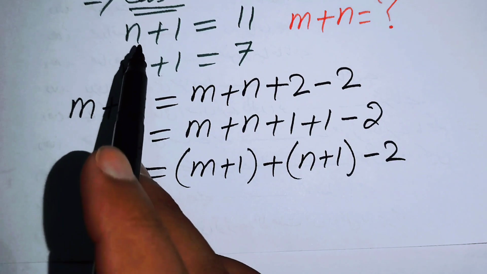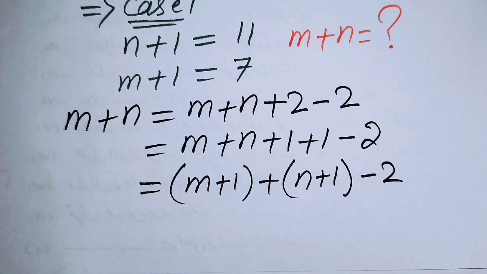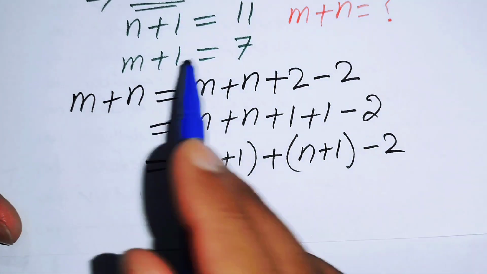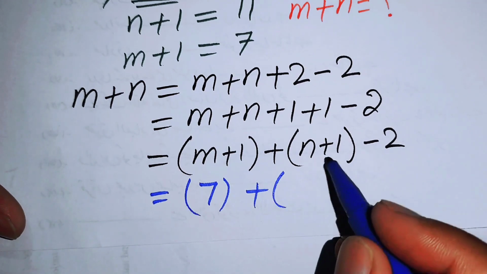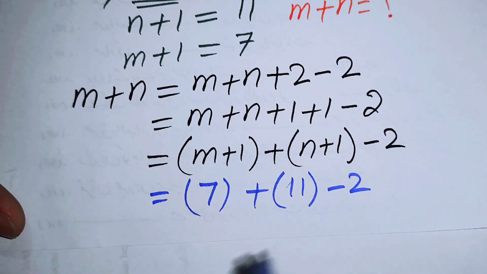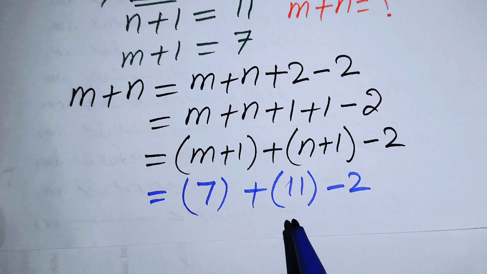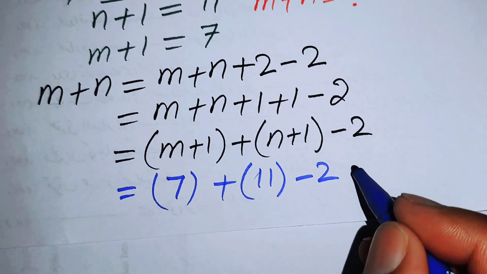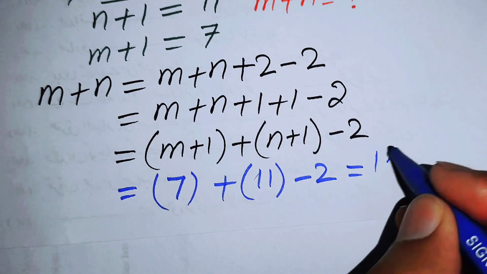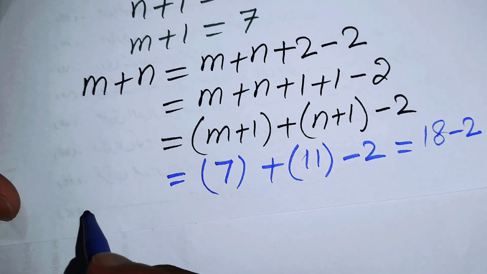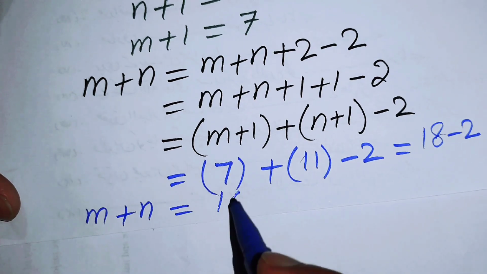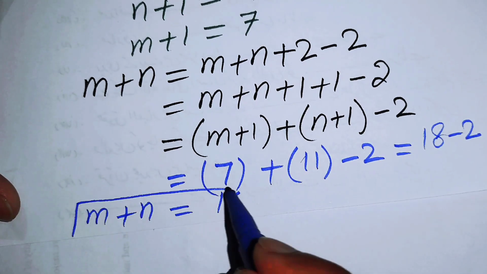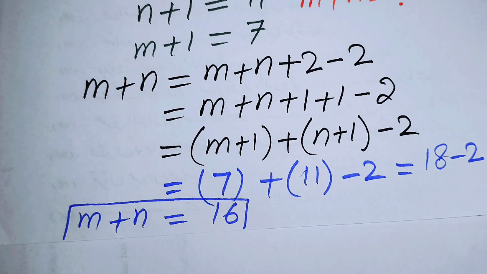And now I can use case number 1, where the value of n plus 1 is 11 and m plus 1 is 7. So I can put here the value 7 plus the value of n plus 1, which is 11, minus 2. 11 plus 7 is 18, minus 2, and finally you get the value of m plus n equals 16. So this is the value of m plus n here.